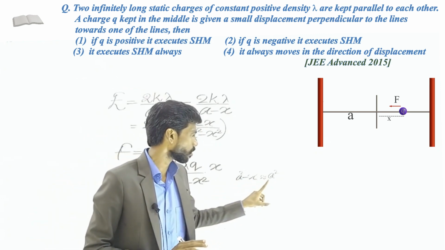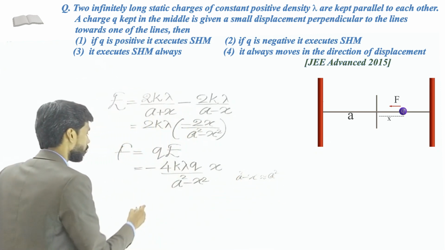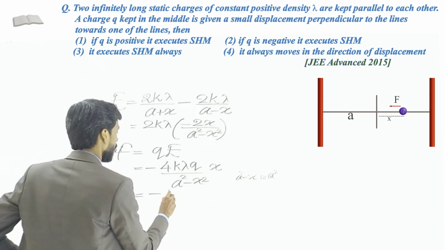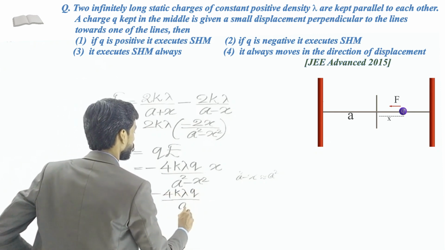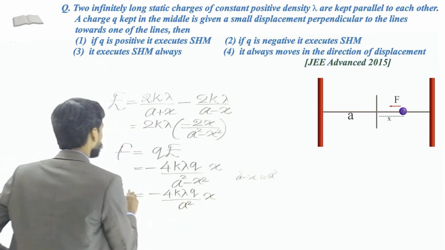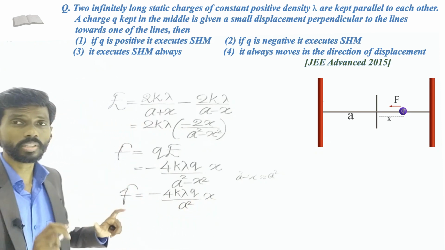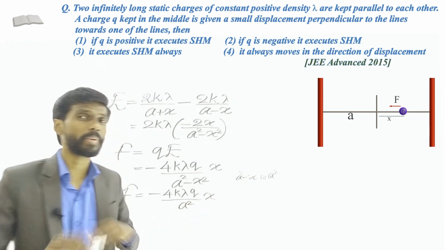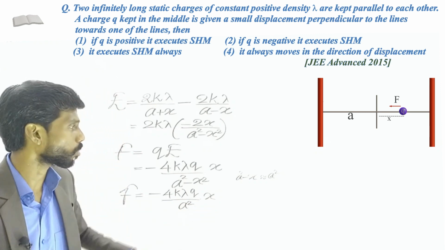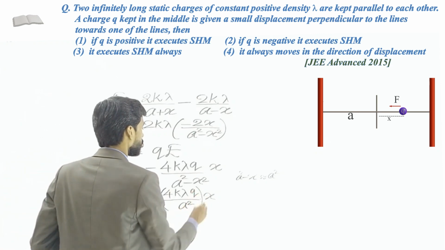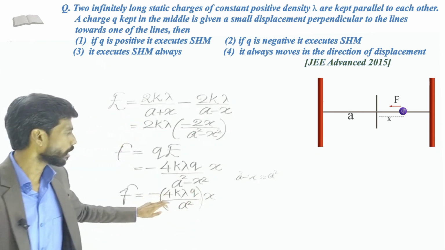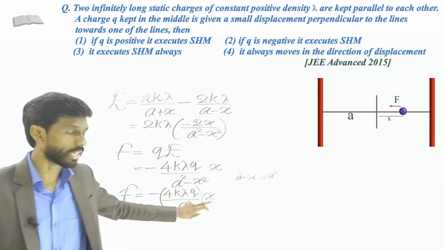So this value equals minus 4k lambda q divided by a squared, multiplied by x. That is the force which is proportional to the distance. That means it is a simple harmonic motion. For small value of x, it executes a simple harmonic motion. So force is minus 4k lambda q divided by a squared times x.